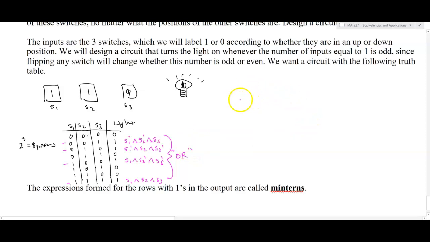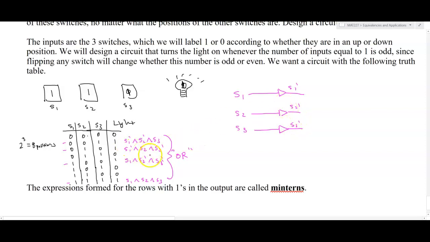So if I have my S1, S2, S3, so here I will draw S1, S2, S3, and if I wanted to draw this circuit, I would first of all need a situation where I feed these through an inverter to get S1 prime, because I'll need that. I'll also need S2 prime, and I'll need S3 prime.